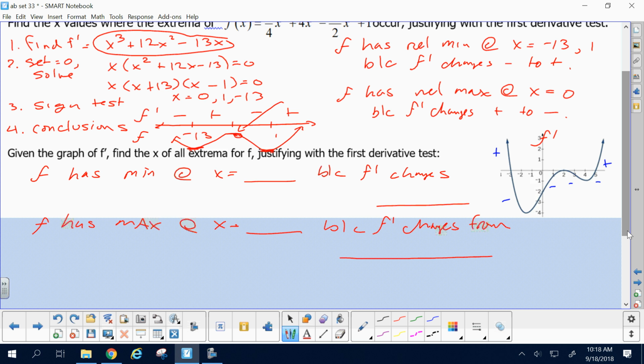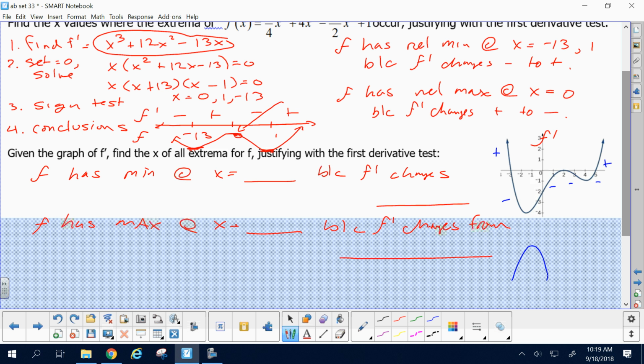Okay, hang on. You have a couple minutes still. So F has a min at where? Where does F have a min? Does it have a min at -3? No, the derivative goes positive to negative there, which would imply F's graph went from increasing to decreasing.